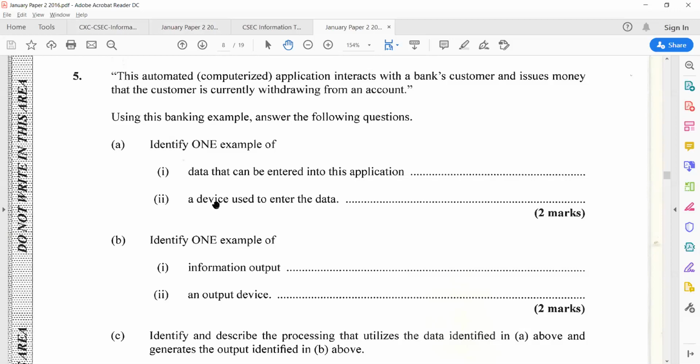Right. It says information output, right? And the information output could be a bank balance. Okay, so that's the example of the information output.